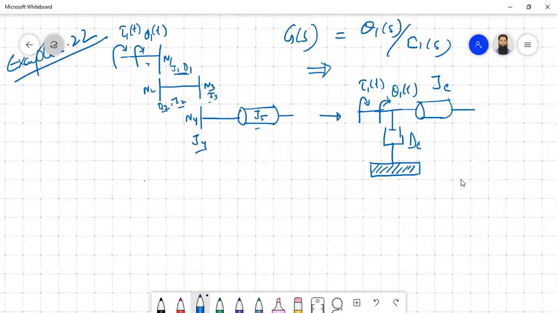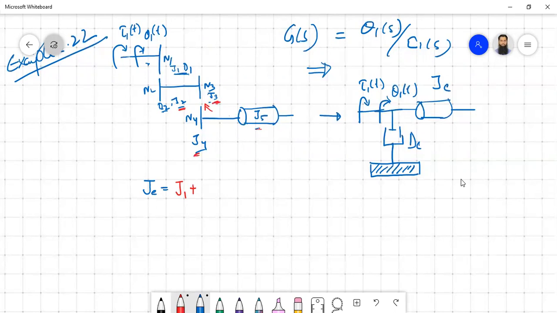J4 and J5 have to go through two transformations: one with N3 and N4, and another with N1 and N2. So you can write directly like this. First of all, J1 is already there, so we keep J1. Then at the next level you have J2 and J3, which go through one transformation.